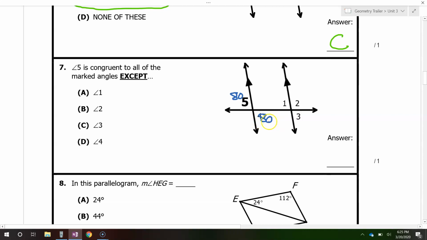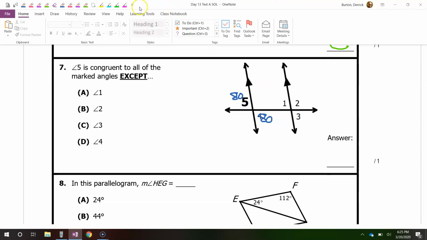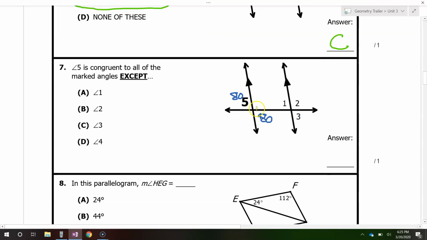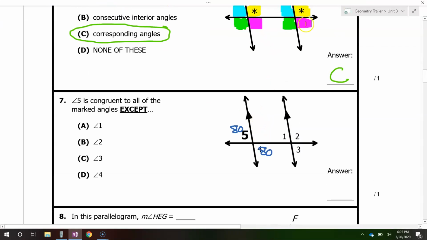Let's see, what else? Angle 4 and angle 3 are corresponding angles. Remember what we talked about? See the red angles right here? See how we have the lower right-hand corner and another lower right-hand corner? So can you see that's the same thing going on here? Lower right-hand corner, lower right-hand corner.